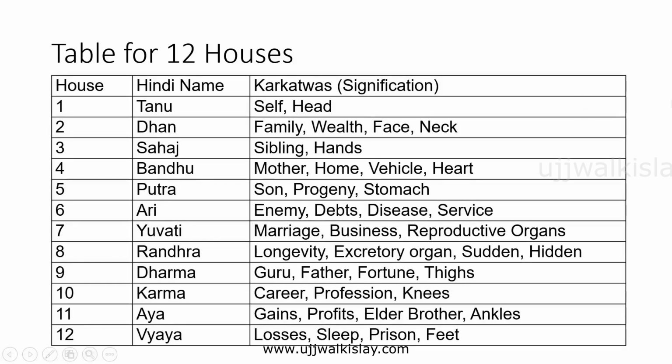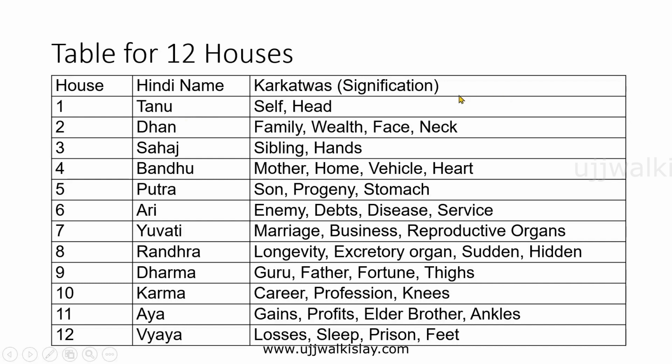Table for the 12 houses. In a horoscope, the 12 houses all stand for different significations. This table will explain that to you. In this first column, we have indicated the 12 houses, followed by their Hindi names.